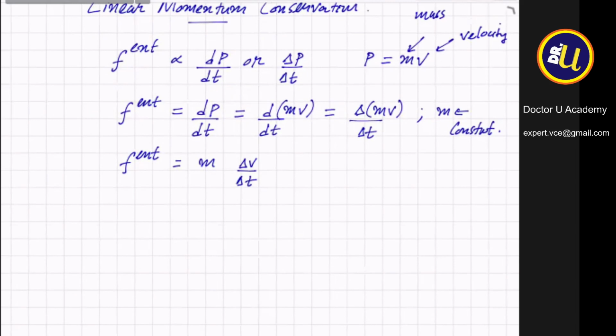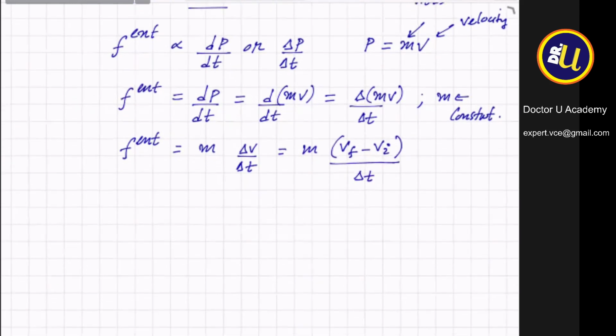Now we will expand delta v, and that would be m times v final minus v initial, divided by delta t. Okay, now what we can do, we can individually multiply by m. So m times vf minus m times vi divided by delta t, and that would be F external.